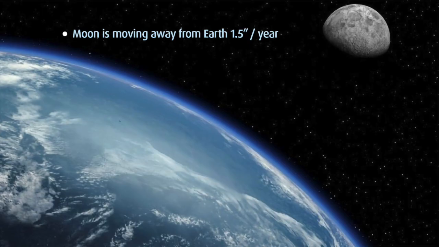And since we're talking about the moon, it is now known with precision that the moon is moving away from the Earth at 1.5 inches a year. That doesn't sound like much. And 6,000 years ago, it would have been maybe 750 feet closer to the Earth, which is negligible.